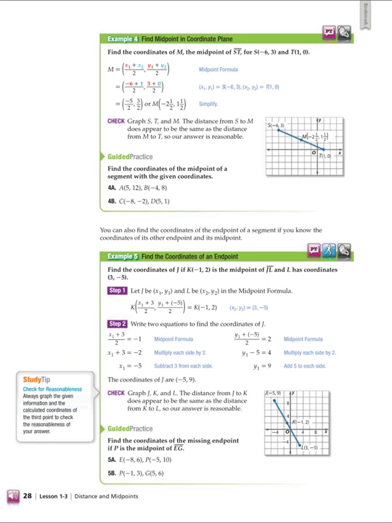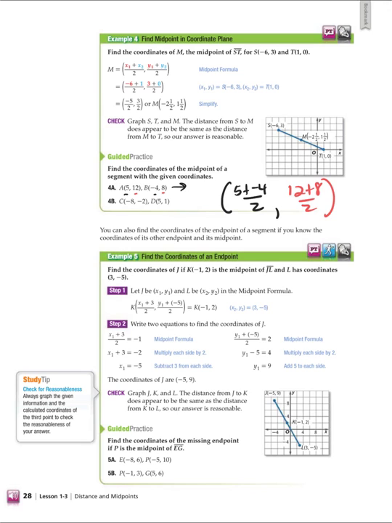So if I look at this particular example that they've given me, actually I'm looking at 4A down here. If I want to find the midpoint halfway between A and B, then I'm going to look at the two x values, which are 5 and -4, and I will average those. And then to find the y piece, the ordinate of the midpoint, I take the 12 and the 8 and average those.